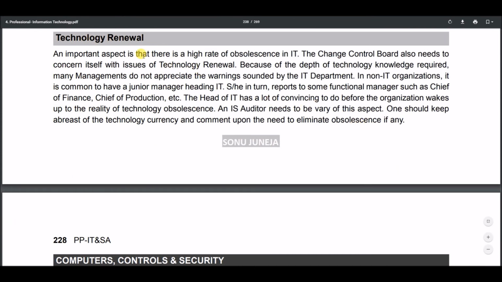And then you have technology renewal. An important aspect is that there is a high rate of obsolescence in IT. The Change Control Board also needs to concern itself with technology renewal. Because of the depth of technology knowledge required, many managements do not appreciate warnings raised by the IT department. In a non-IT organization, it is common to have a junior manager heading IT.